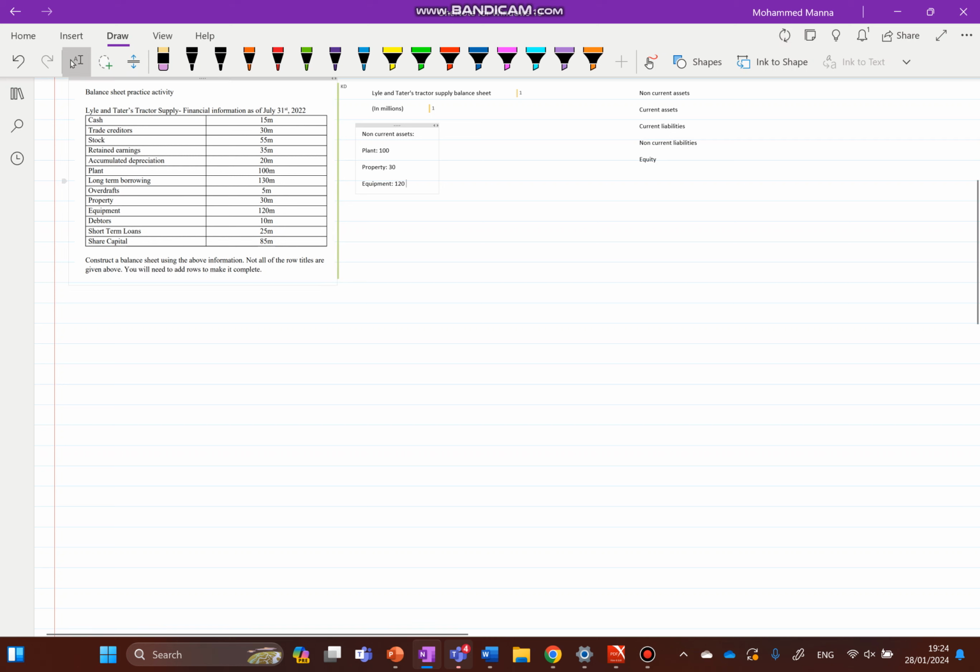And that's it. But if you see here, you can see accumulated depreciation. Non-current assets suffer from depreciation. Sometimes it does come up in the table, and sometimes it doesn't, but you always have to keep an eye out for it. In this specific question, it is in the table, so we have to include it. So we'll write down accumulated depreciation.